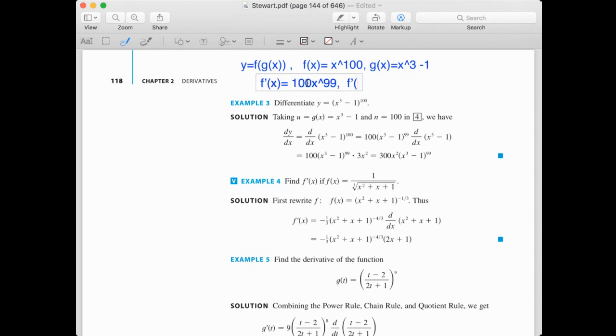But f here takes g as input. F prime of g is f prime of x cubed minus 1. So what's f prime of x cubed minus 1? F prime is 100 times the input raised to 99. So this becomes 100 times the input raised to 99.